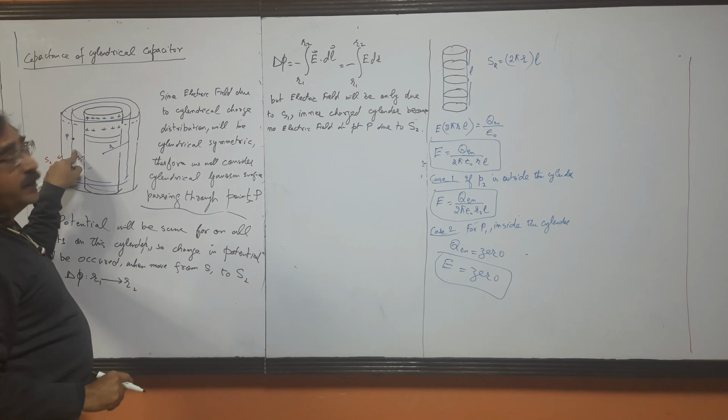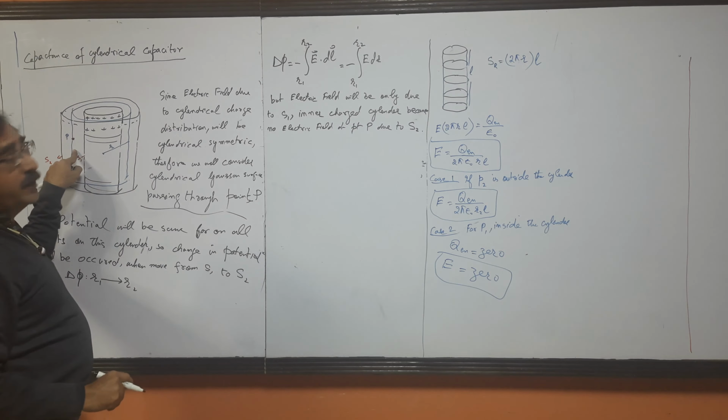Then delta phi is minus the integral from R1 to R2 of that times dr, okay, got it. Q is the total charge on S1, and it is constant when we move the Gaussian surface from S1 to S2.